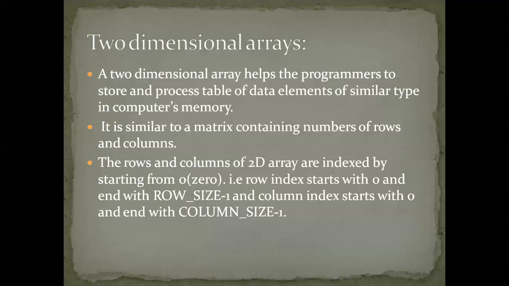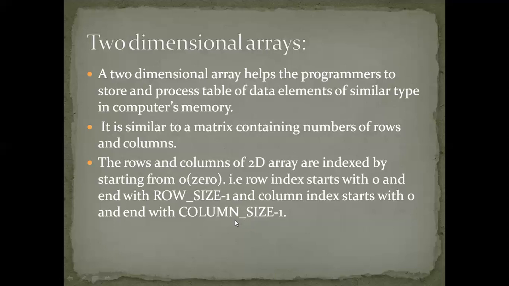Similarly here it starts with 0 and ends with row size minus 1, and column index starts with 0 and ends with column size minus 1. Once we see the syntax, you can easily understand the size for the row as well as column. So this is a brief introduction about two-dimensional array.